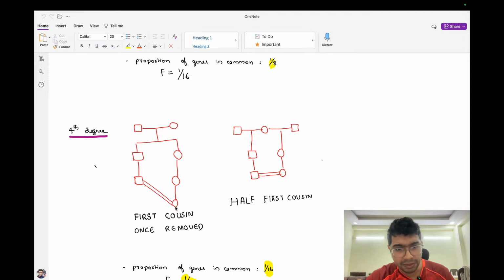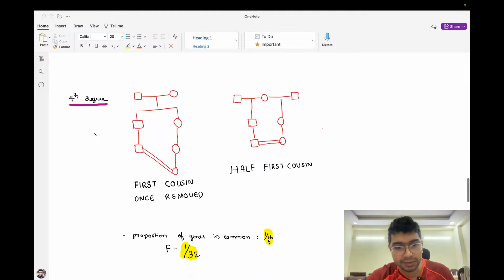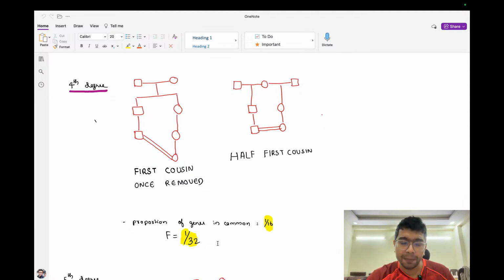That is, one person has gone one step further away from the common ancestor. So what happens? The proportion of genes in common will be 1/16 and F will be 1/32. The consanguinity is decreasing, because of which the autosomal recessive disorder risk will further decrease.